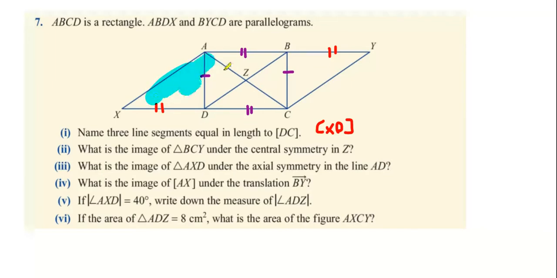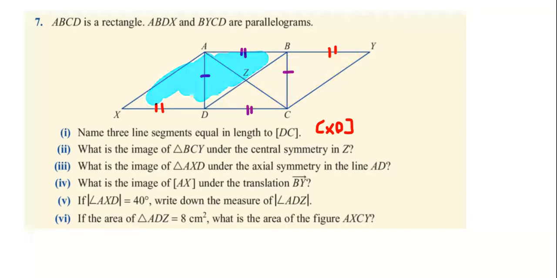You probably might be asking, okay? Well, you can see that these are the two parallelograms we're talking about. See, AB is equal to DC, DC is equal to BY, and AB is equal to XD. So we can see that all of them are equal to each other, okay?